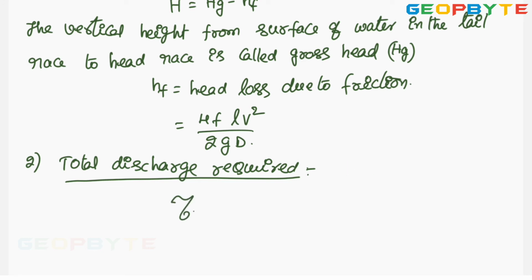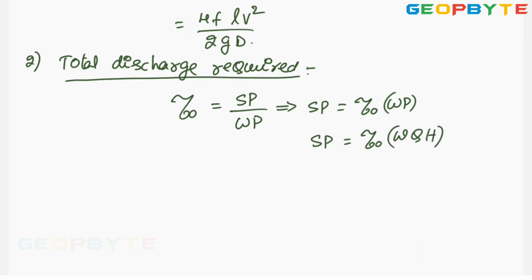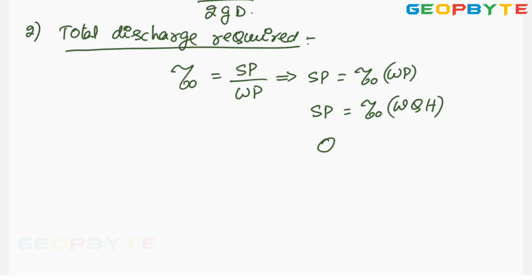Overall efficiency equal to shaft power by water power. From this, shaft power equal to overall efficiency multiplied by water power. Here shaft power equal to overall efficiency into W into Q into H, where W equal to specific weight of water. From this you can decide the total discharge required Q.